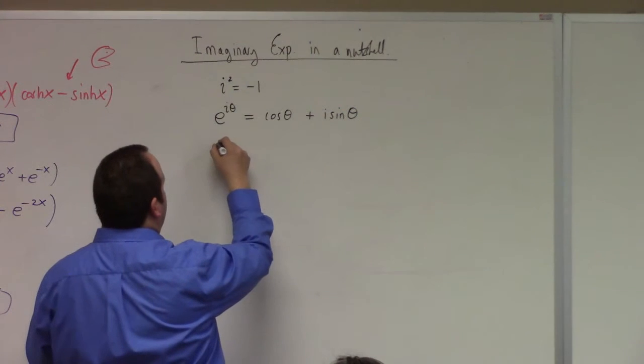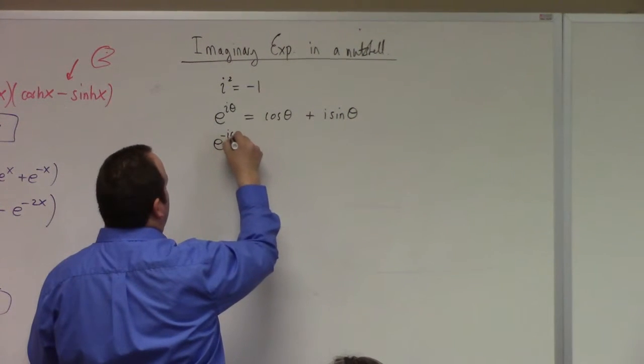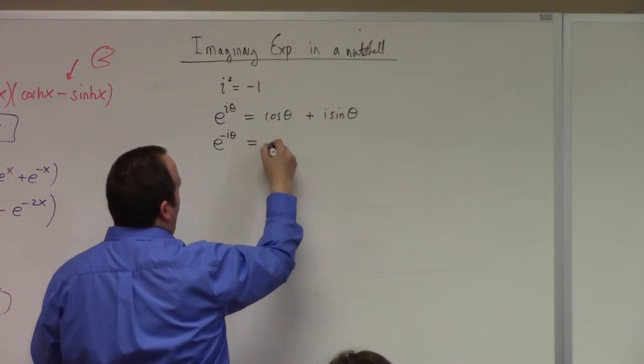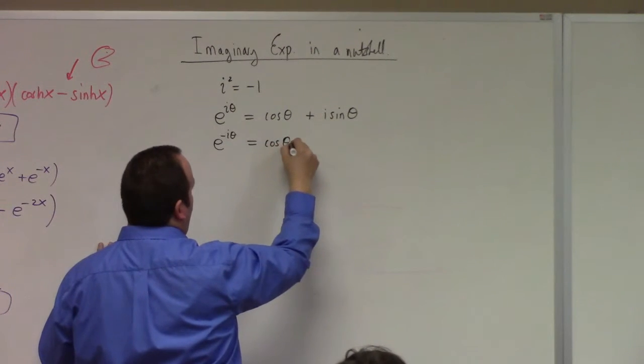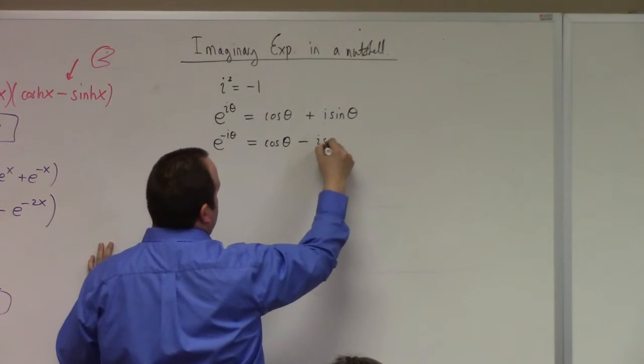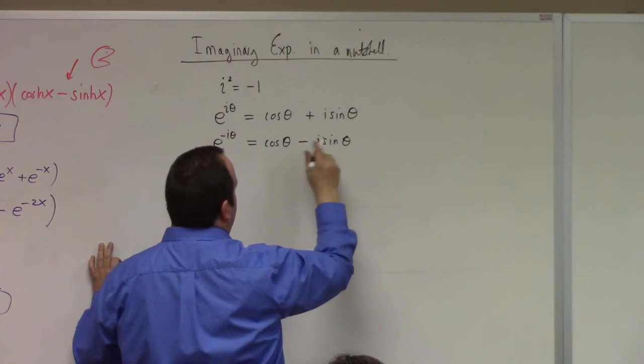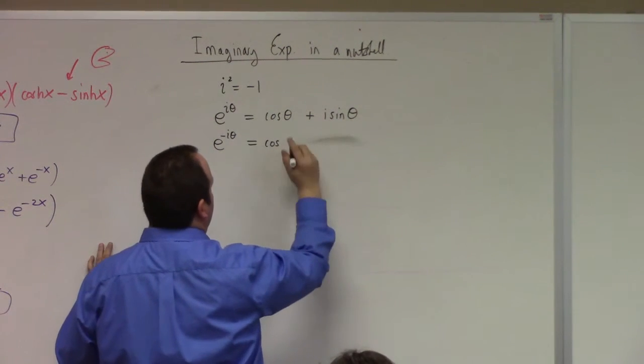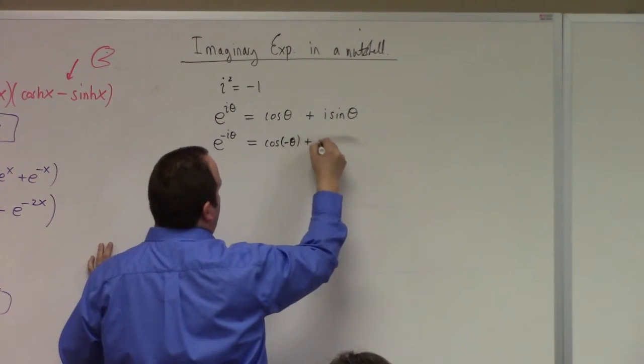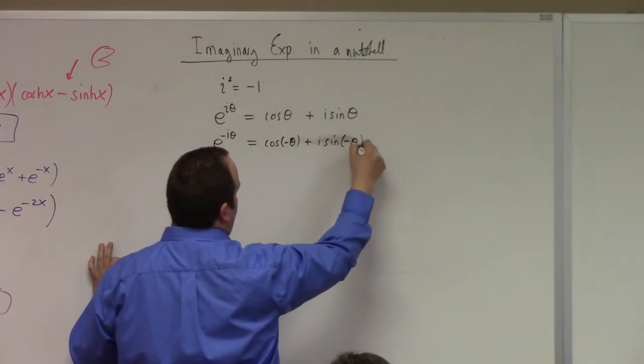So e^(−iθ) is what? Let me write down one more step. This is cos(−θ) plus i times sin(−θ).